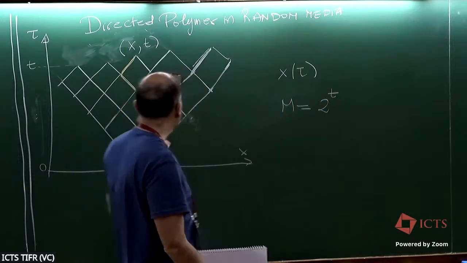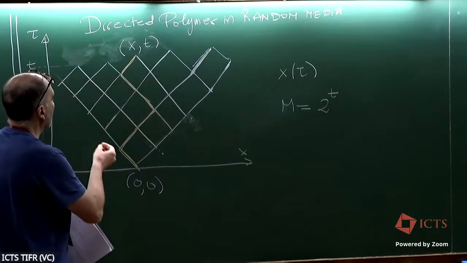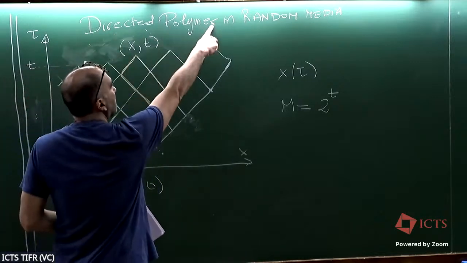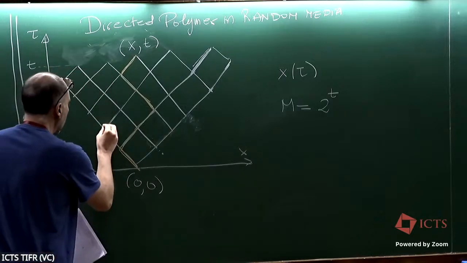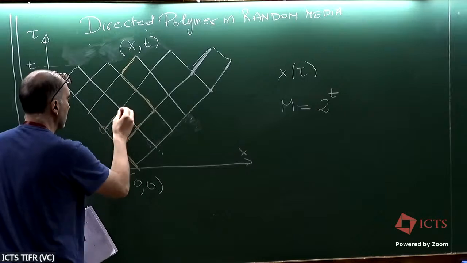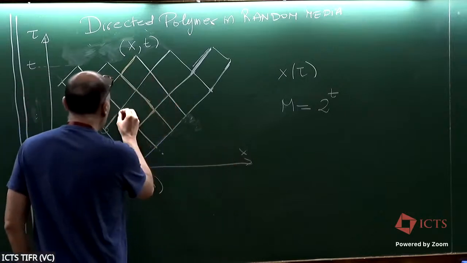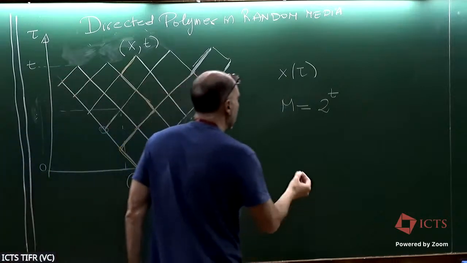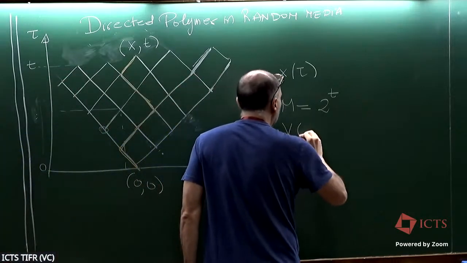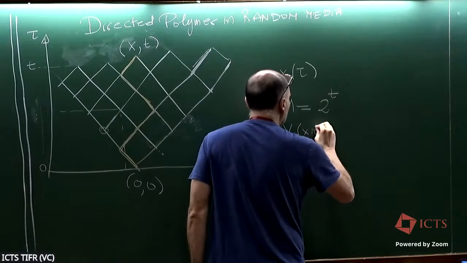And now, this is the directed polymer part. Now we have to put in the randomness, and the randomness is at each site. So you take a position x, tau, and you have a random number v of x, tau.